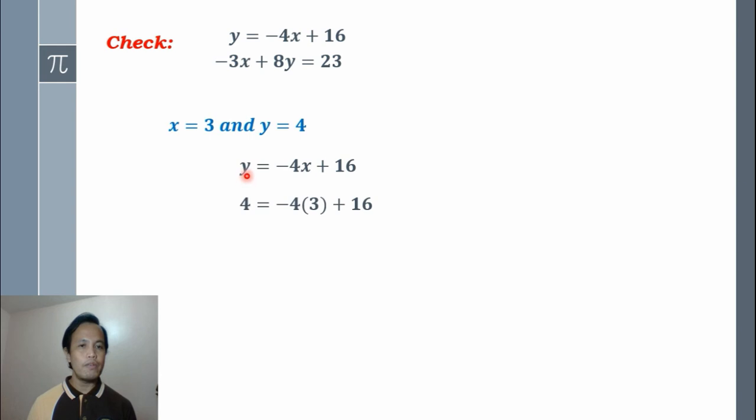So this becomes 4 equals negative 4 times 3, plus 16. Negative 4 times 3 is negative 12, then we copy positive 16, and negative 12 plus 16 is 4. So that is 4 equals 4. We got a balanced equation for equation 1.